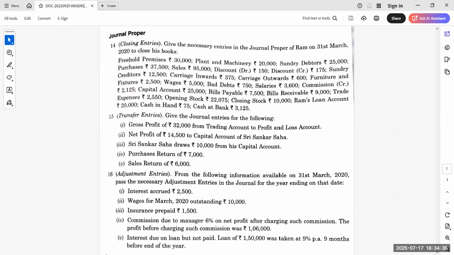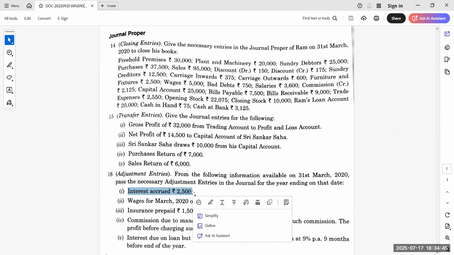So the first transaction, I don't know how to write it. This one? Yeah. Okay.